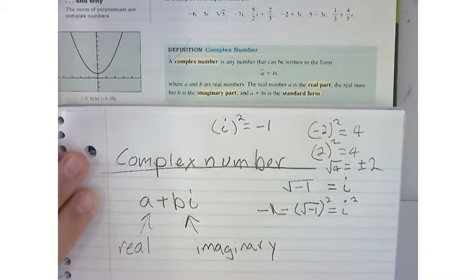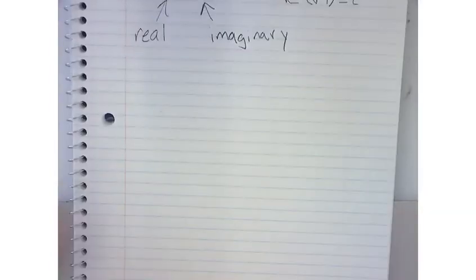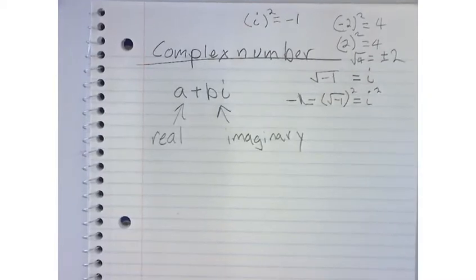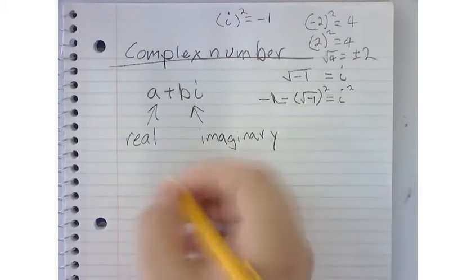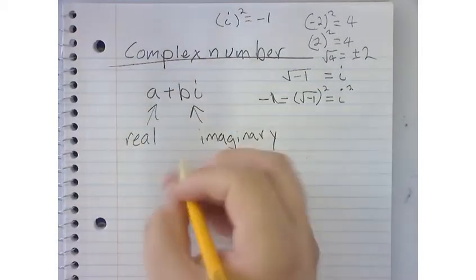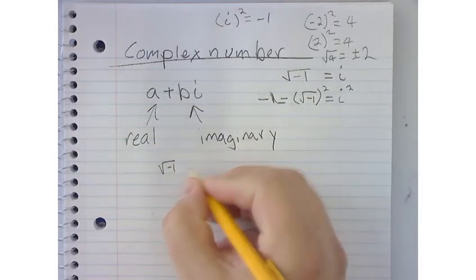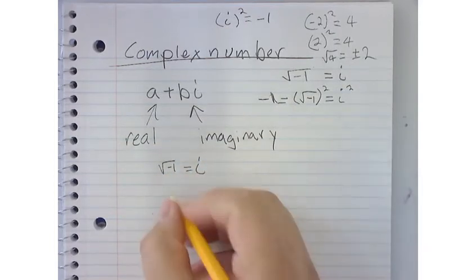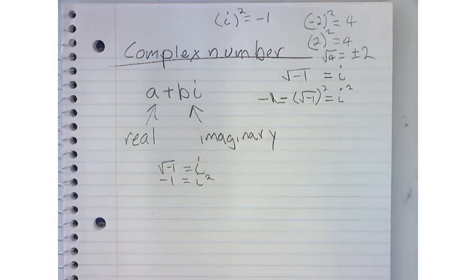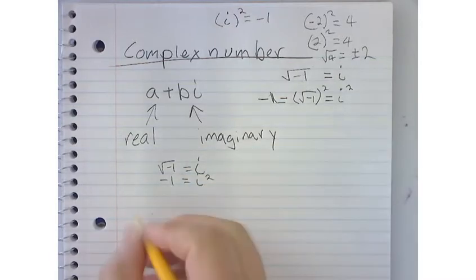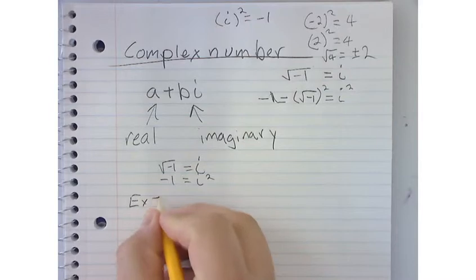Does that make sense? So we're going to use this information, and you'll want to get used to that, because that's what we're going to need for everything in this section of the chapter. So remember this, that the square root of -1 is equal to i, and that -1 is equal to i squared. And that'll come up a lot. We're going to use that a lot. So now let's look at example number 1 from our textbook.